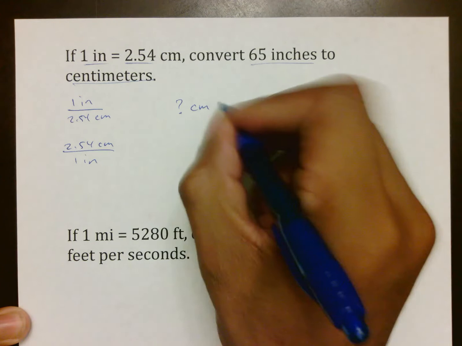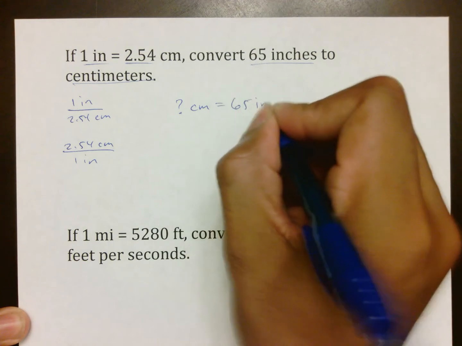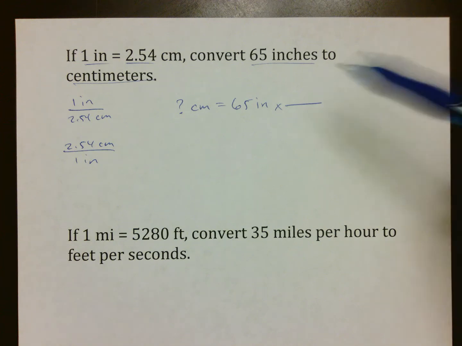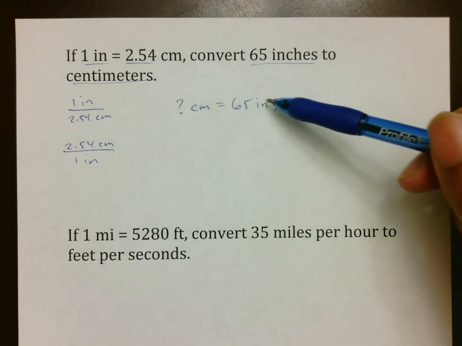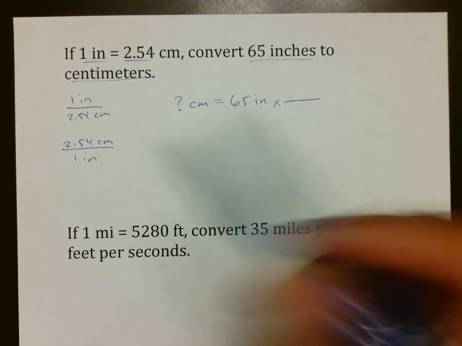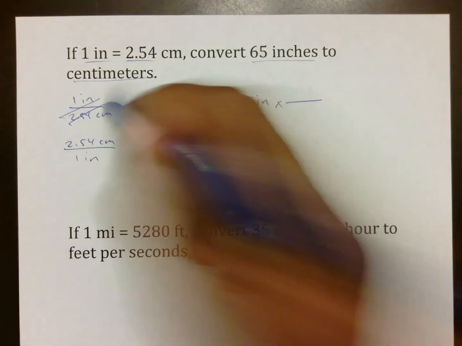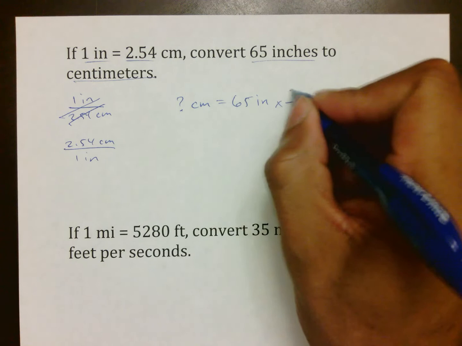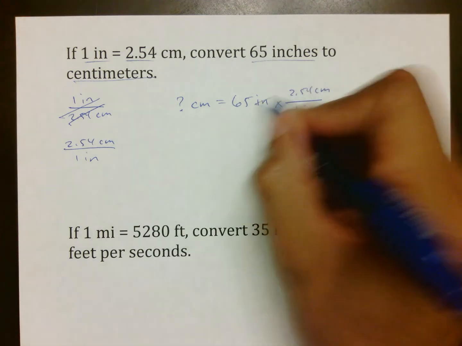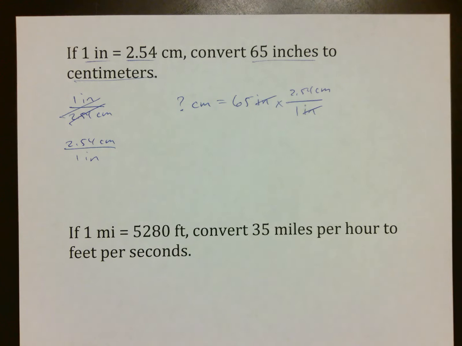So question mark centimeters equals 65 inches, and then set up your fraction to see which one we're going to use. Again, we do not want inches, which means we want the fraction that puts inches on the bottom. Notice this has centimeters on the bottom, which means I don't want this one. I want the 2.54 centimeters over 1 inch, because what that does for me is it cancels out the inches.